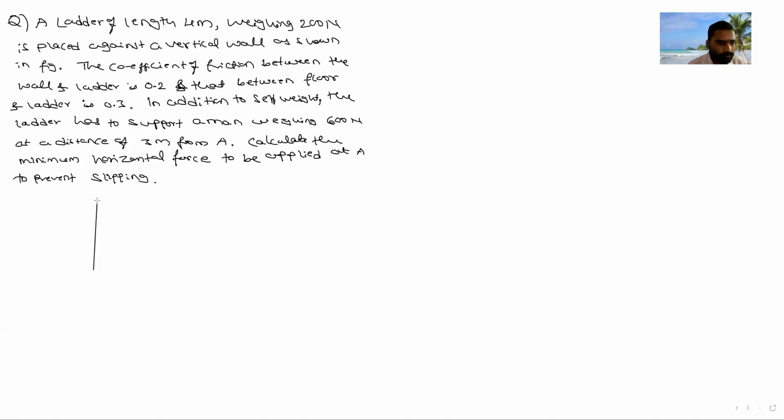So this is the figure which is given in the diagram. This is the ladder which is resting.